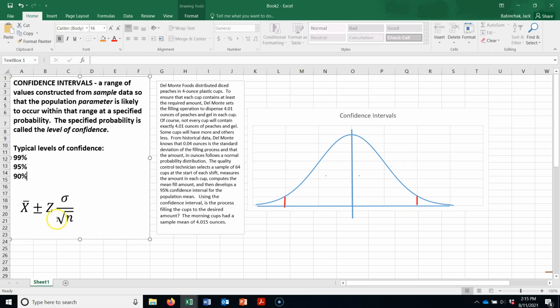We're going to take that and we're going to divide it by the square root of whatever our sample size is. Okay, and this part right here, if you were to take this just by itself, this represents what we talked about earlier, the error that's inherent when we sample.